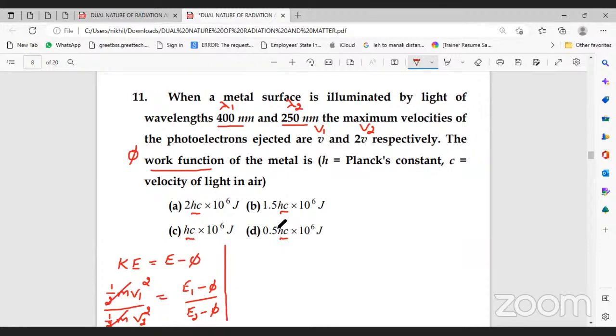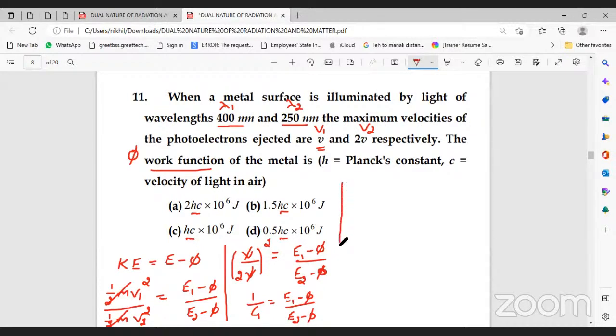What is v1 by v2 whole squared? V by 2V whole squared, that is E1 minus phi by E2 minus phi. V and V cancel out. What is 1 by 2 whole squared? 1 by 4. So 1 by 4 equals E1 minus phi by E2 minus phi.